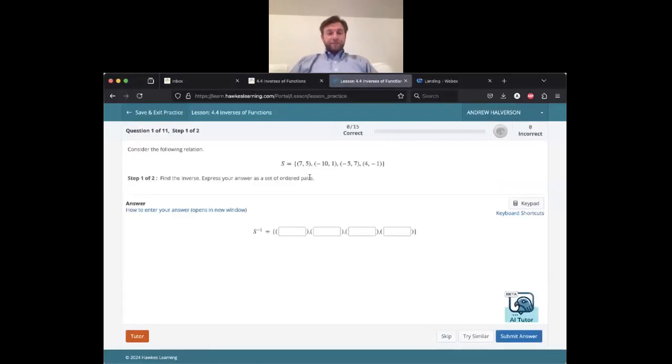Okay, let's see what we got. One thing to quickly note here is when we're dealing with inverses, you will see the function name with an exponent of -1. Now, it's not a true exponent. You're not raising anything to the -1 power.